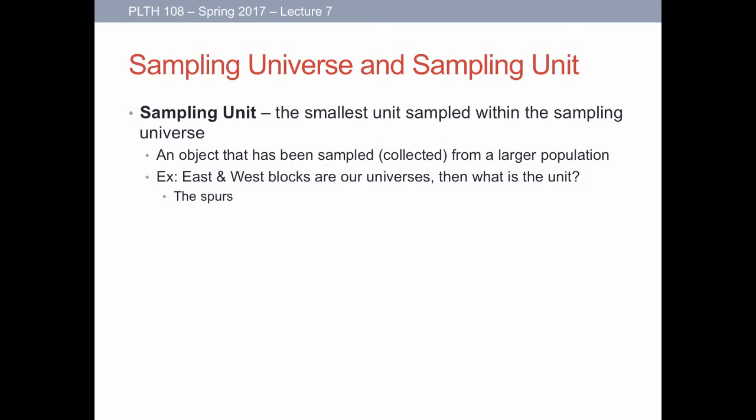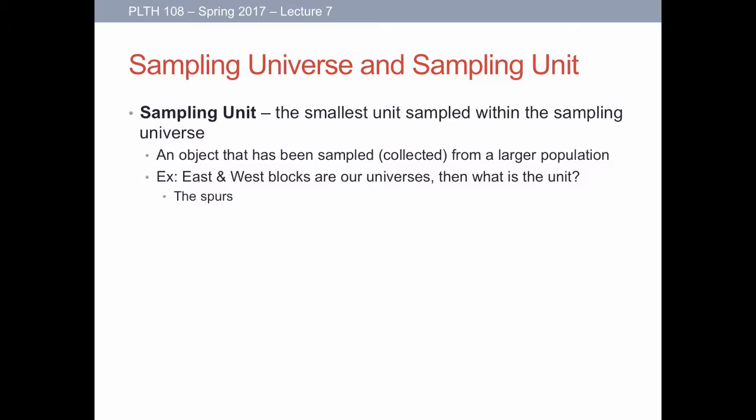But we're not actually collecting individual nematodes. We're not collecting individual aphids. We're collecting sweeps. We're collecting grams of soil. We are collecting individual spurs. So you can think of it as aphids per sweep, nematodes per soil sample, or SJS per spur, and the sampling unit is going to be the per part.